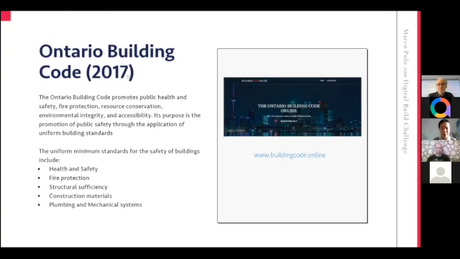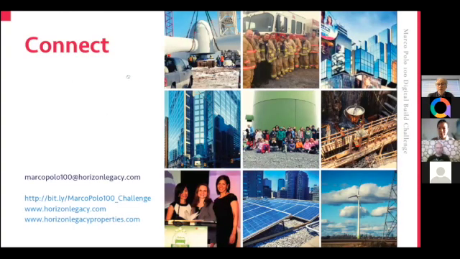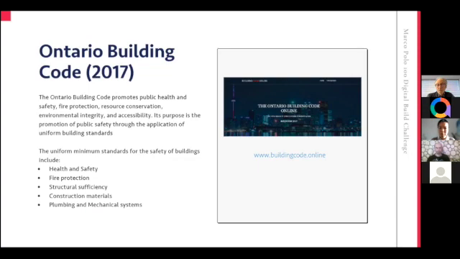Any questions there? Andrew, maybe could you just explain the term barrier-free access? What barrier-free access relates to is the ability for people of any physical ability to navigate a building on equal terms with someone who's able-bodied.